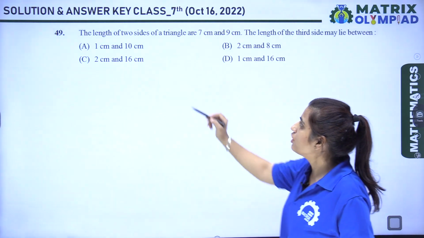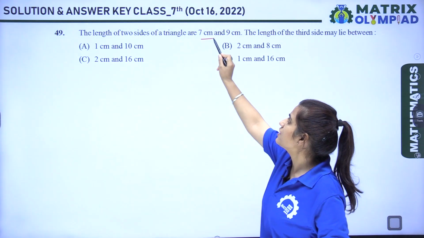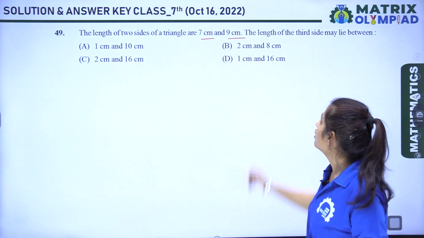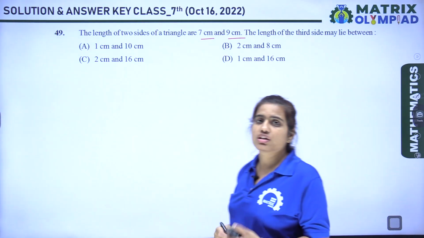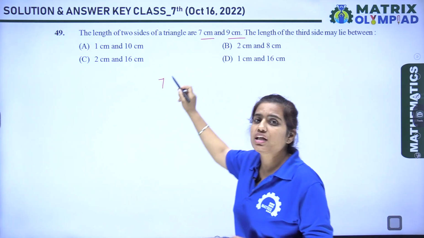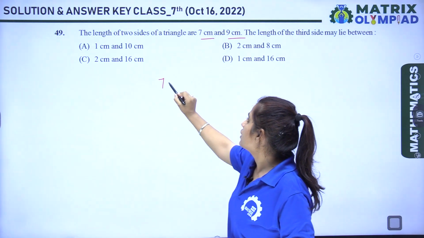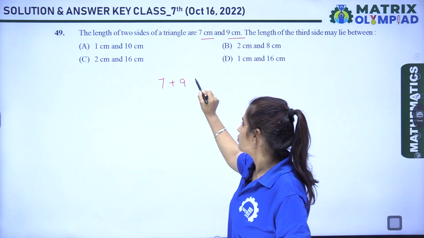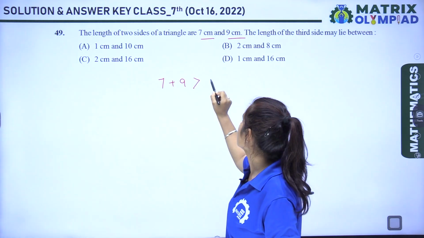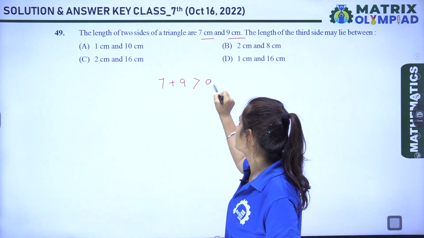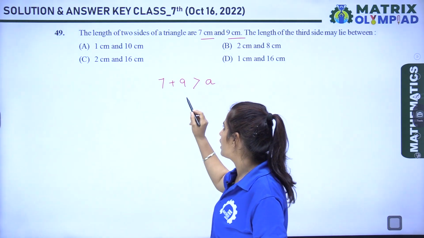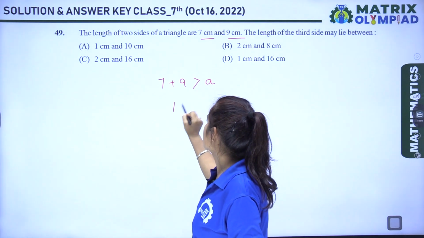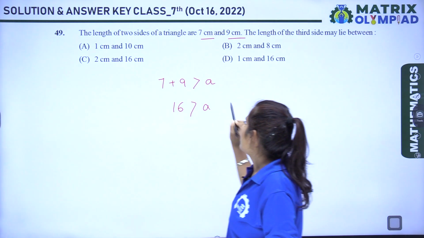Next is, the lengths of two sides of a triangle are 7 cm and 9 cm. The length of the third side may lie between. Now we have to find out the third side. Adding the two numbers 7 and 9, the sum is greater than the third side, let it be A. So 7 plus 9 is 16.